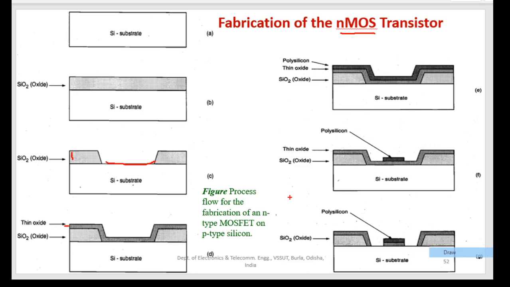Various masks are used for each patterning. There will be one kind of mask used for patterning this, and one kind of mask used for patterning this kind of window. So those things should be shown, but since you are aware of them, I have not shown these steps.